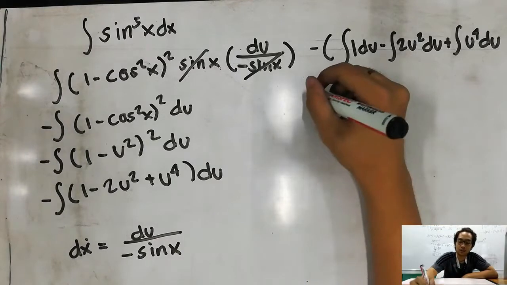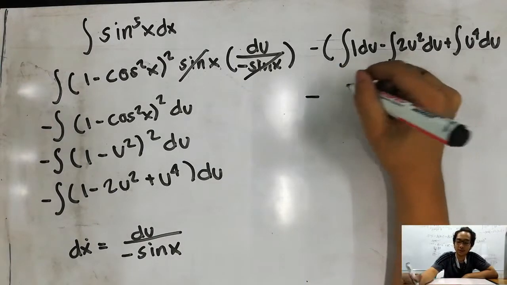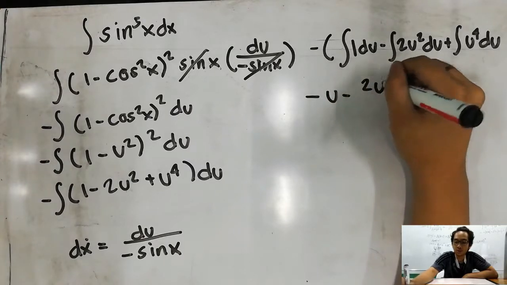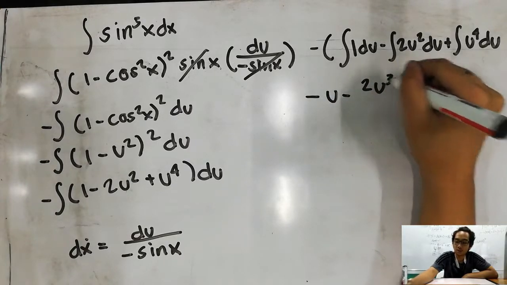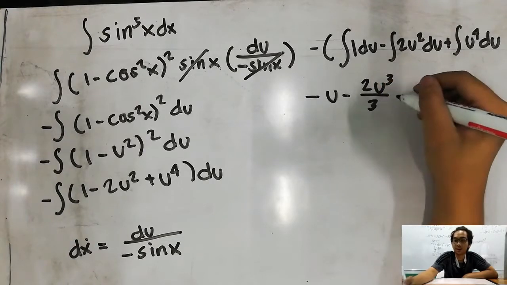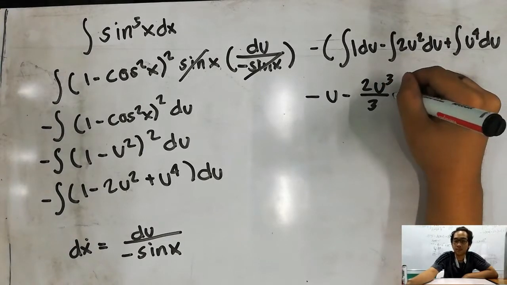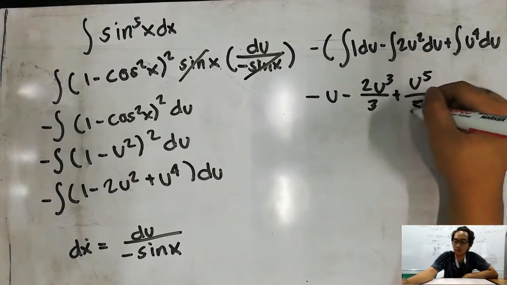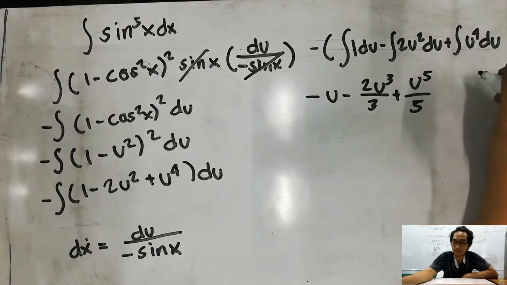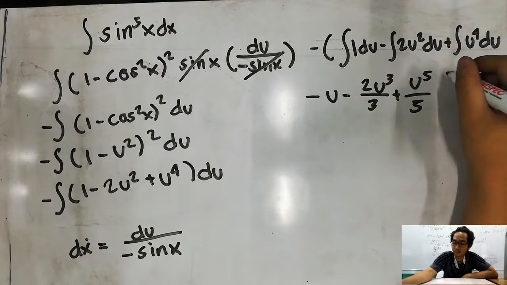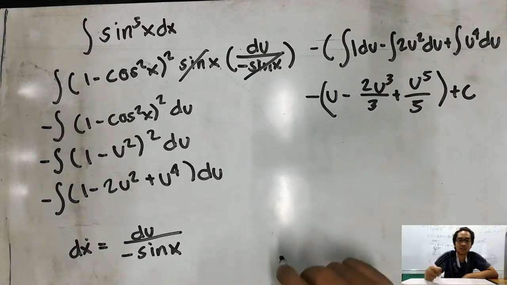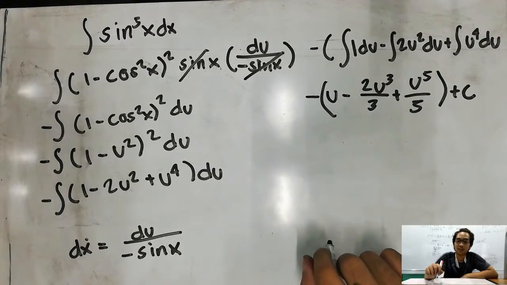Then it will be equal to negative u minus 2u raised to 3 over 3 plus u raised to 5 over 5 plus c. Simply substitute cosine x for the variable u.